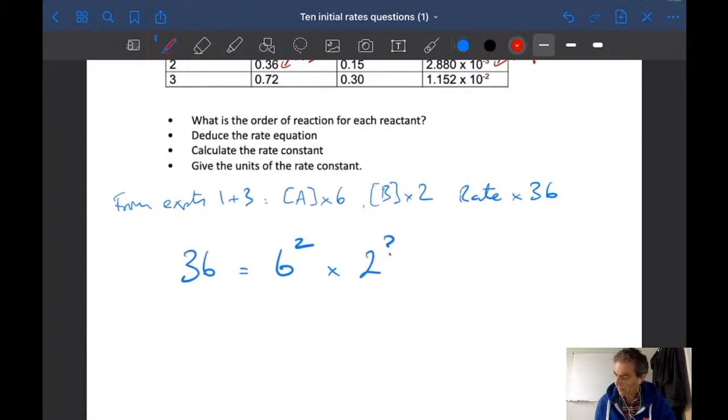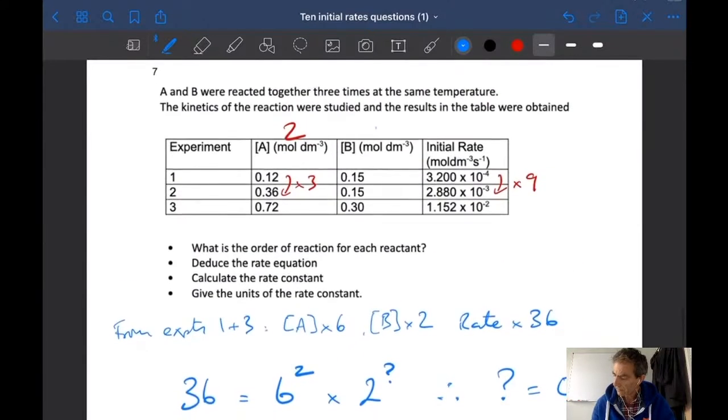So just ask yourself, 6 squared is 36, so we need that to be a 1, so it's another 0 order, isn't it? So therefore the unknown order, the order for B, is 0. So we've got that there.